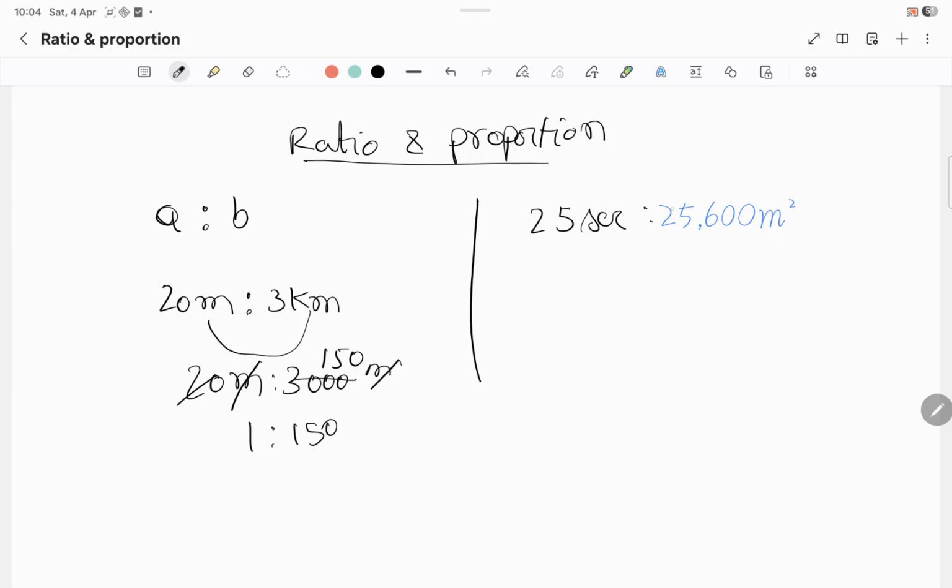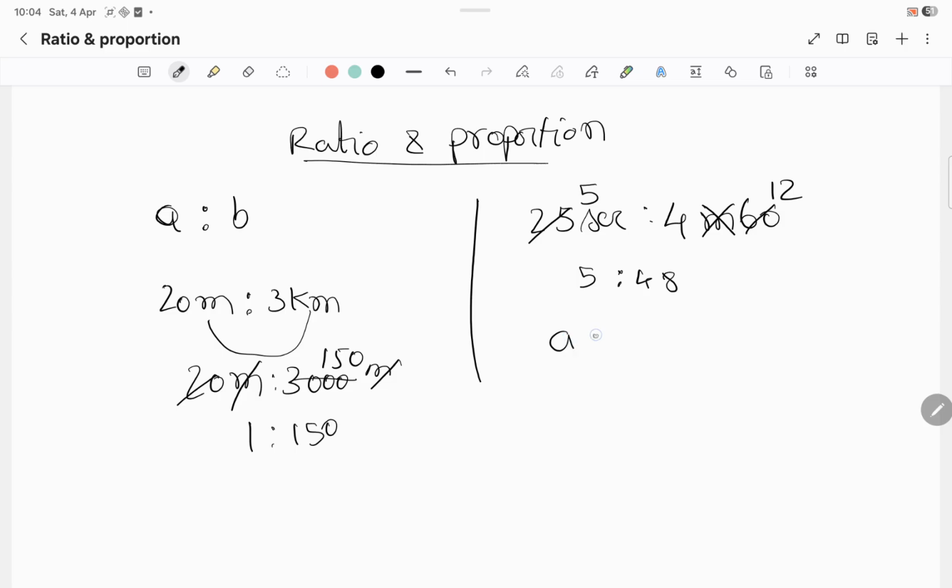Suppose 4 minutes are given, then convert into seconds: 4 into 60. So 25 to 240, first of all 5 fives, 5 twelves. 5:48 is our answer. Hope you understood.